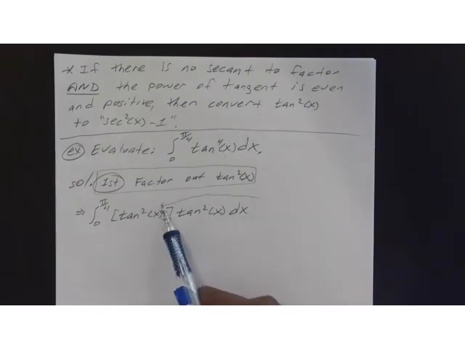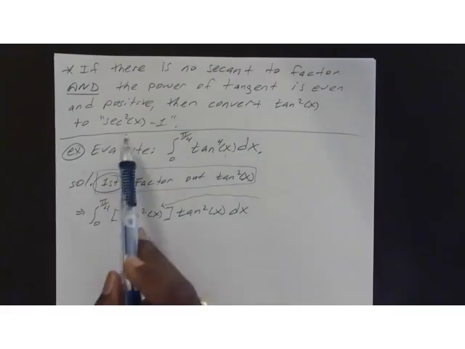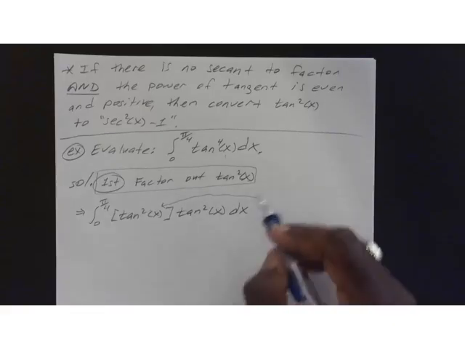There, we're just going to replace that tangent squared with secant squared minus 1.